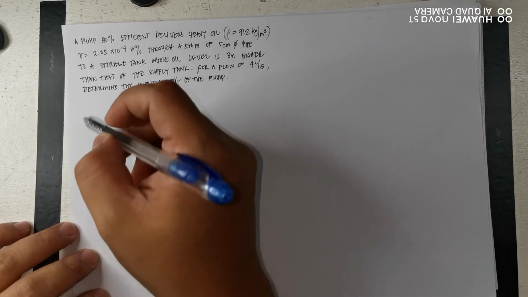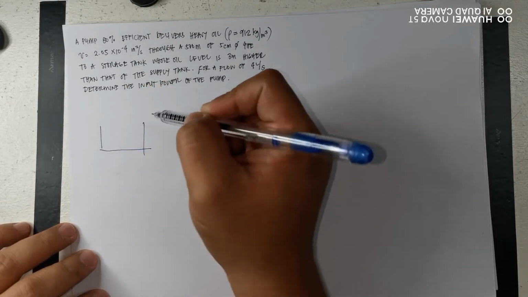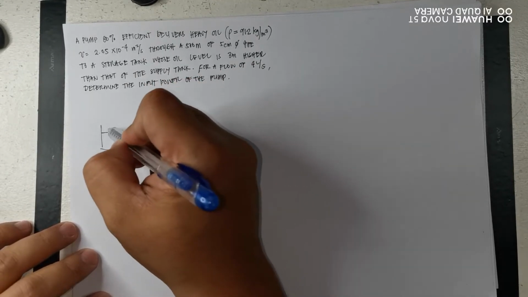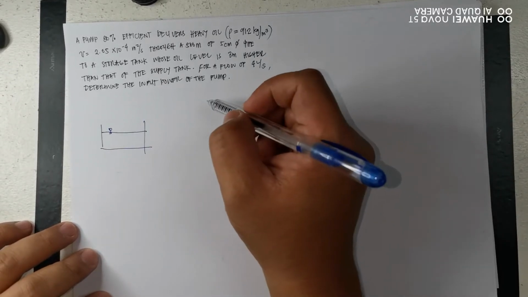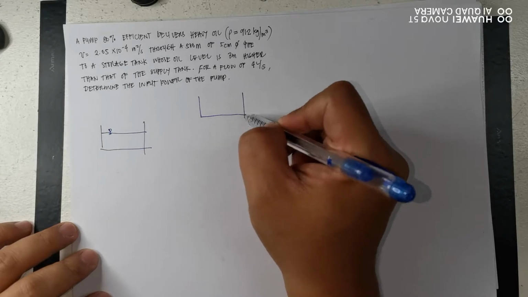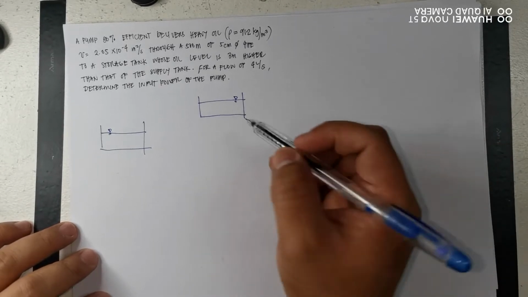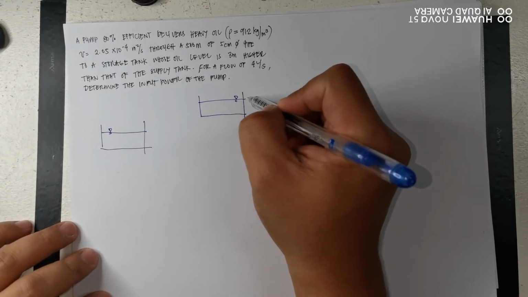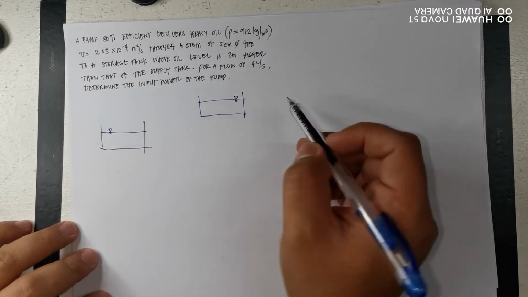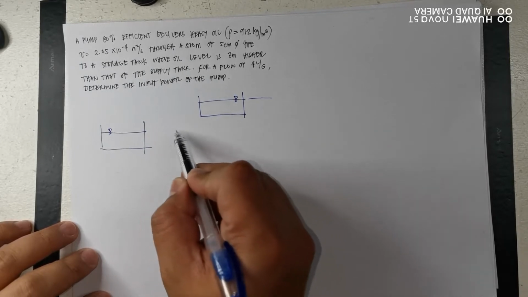So kung meron tayong supply tank, drawing natin sa supply tank, nandito siya. Tapos merong oil level dyan. Tapos lagay natin yung pangalawang storage. So ito yung oil surface nya. Isa lang naman yung sinabi ng problem regarding sa dalawang elevation, sa dalawang levels.